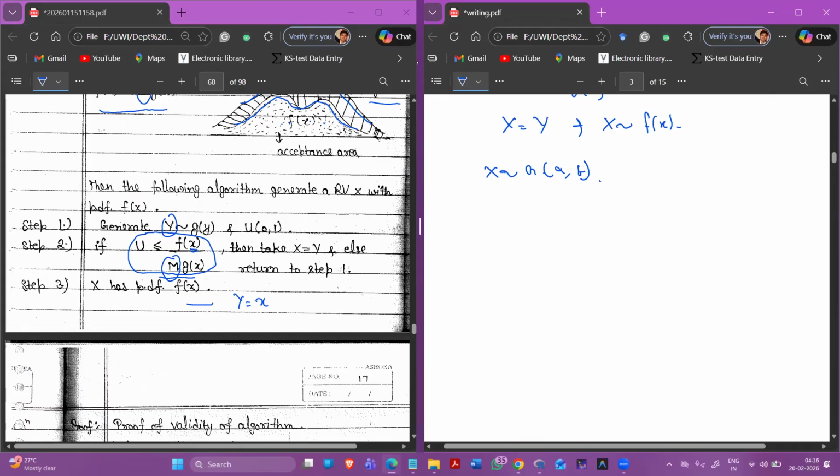In comparison to that, consider y that follows the Weibull distribution with parameter lambda and k, and then apply the acceptance rejection method. All right. You people try it.